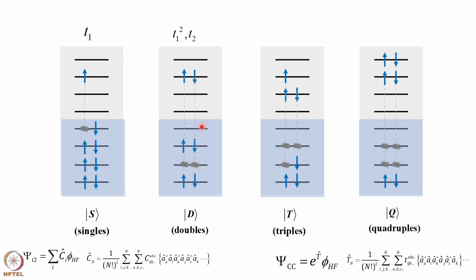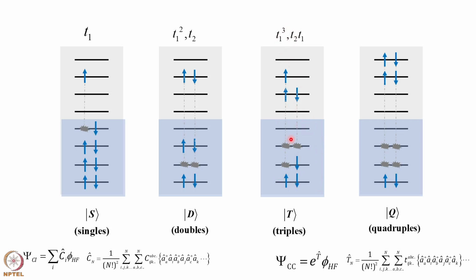Now, for CISD, you cannot go beyond the singles and doubles structure. What happens in coupled cluster? Although your operator is truncated at singles and doubles, I can generate configurations which are triply excited with respect to Hartree-Fock by operating the T1 operator 3 times, where the amplitude will be given by t1 cubed, or I can first operate T2, whose amplitude is t2, and then T1.